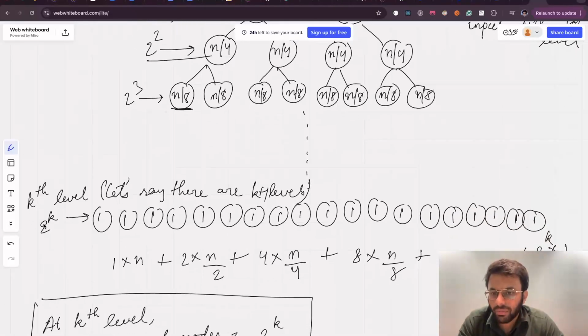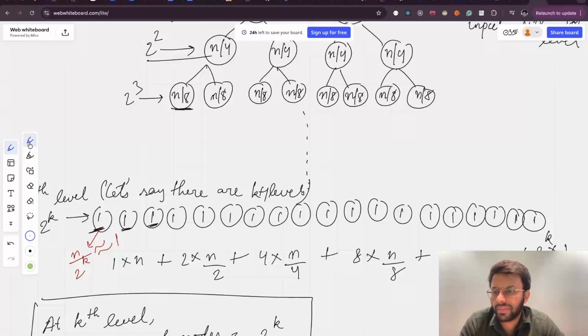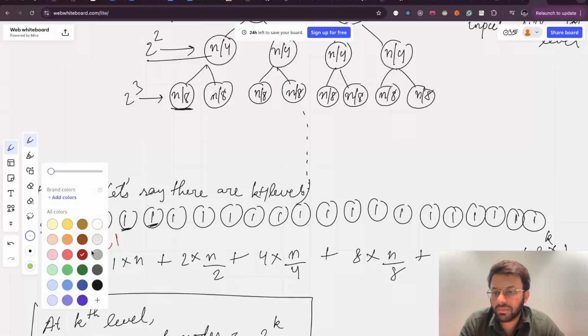So if somewhere down the line at the kth level I am reaching 1, that means n by 2 power k approaches somewhat closer to 1.